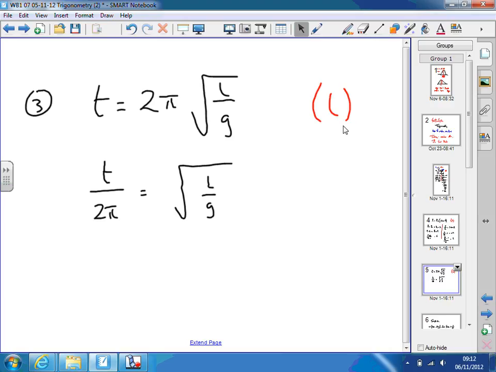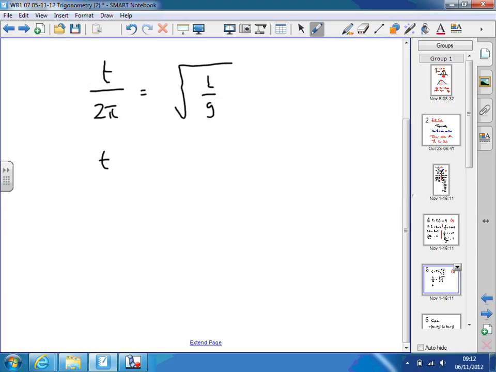What do you do to get rid of the square root? Square. So if I square the right hand side, I get rid of that square root symbol. But I've got to square the other side. So to show that, I just put a bracket round the whole of this thing, T over 2 pi, and square it. Equals L over G. And now we're virtually there.